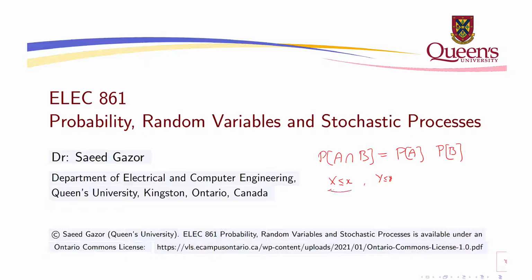In other words, these two events should be independent not only for one fixed value of x and one fixed value of y, but for all values of x and for all values of y. So this probability shall be equal to the product of their probabilities.